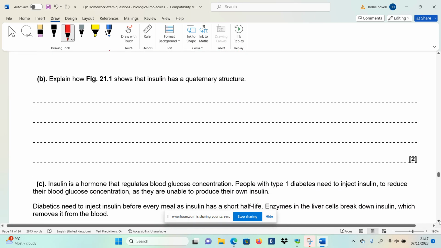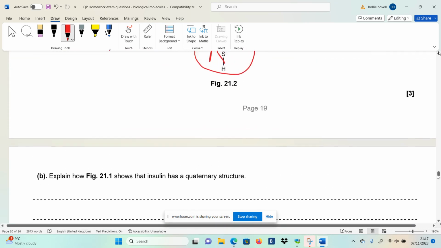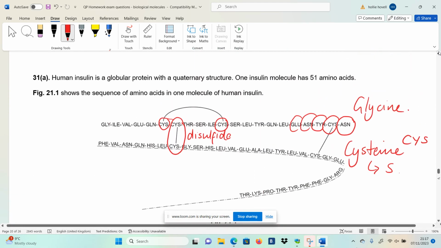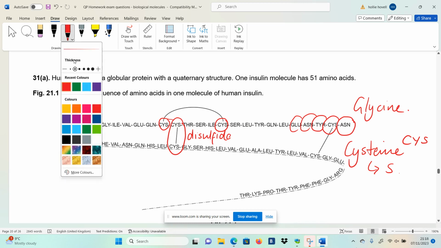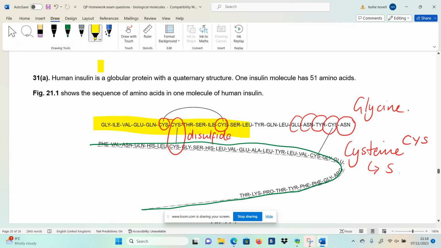Part B, explain how figure 21.1 shows that insulin has a quaternary structure. So if we go back to figure 21.1, quaternary structure means that it's made of more than one polypeptide. So looking at this, you can see we've got one polypeptide going here, along here, around here, that's one polypeptide, and the other polypeptide you can see is there.